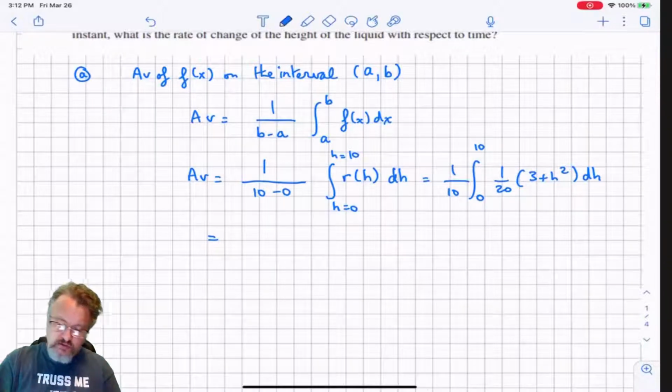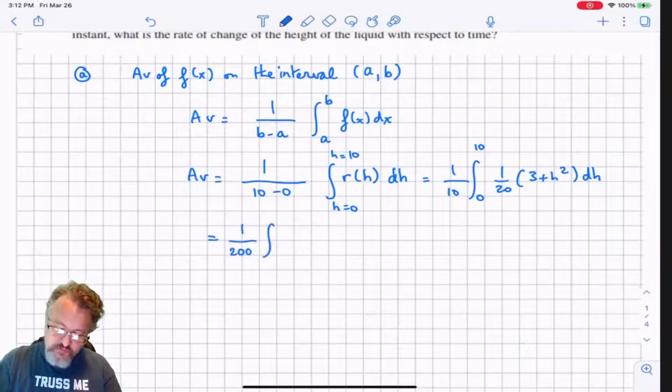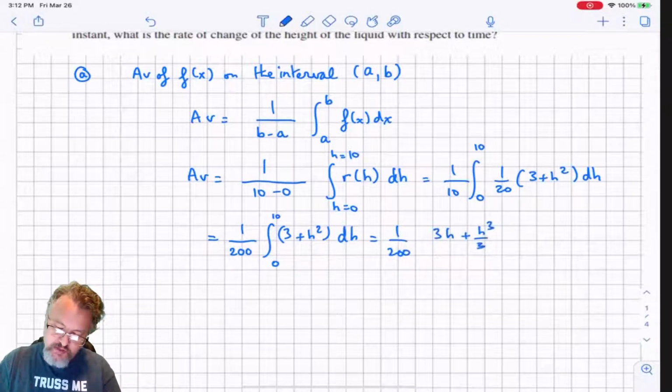Okay, so you're going to have 1/200 times the integral from 0 to 10 of (3 plus h) squared dh, which gives you 1/200 times (3h plus h cubed over 3) between 0 and 10.